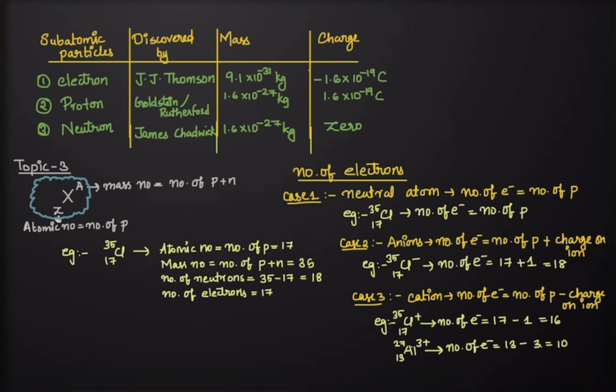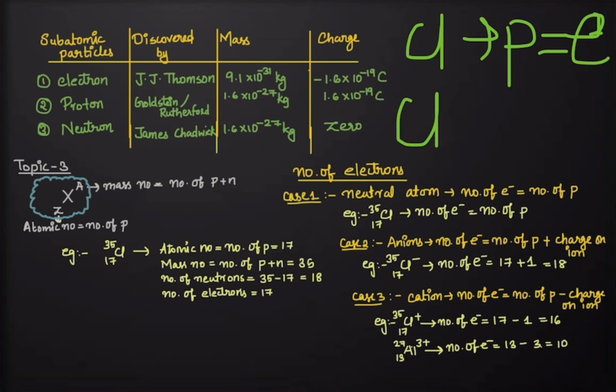In case of an anion, what is meant by anion? If in a neutral atom an addition of electron takes place, chlorine is a neutral atom, meaning the number of protons equals the number of electrons.